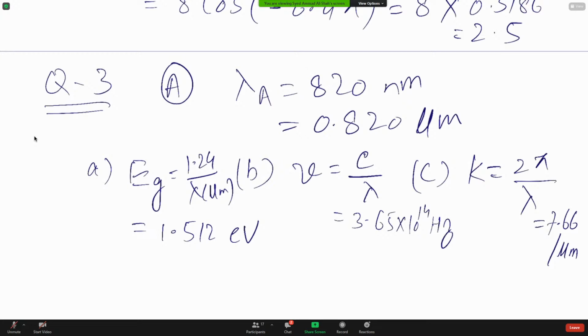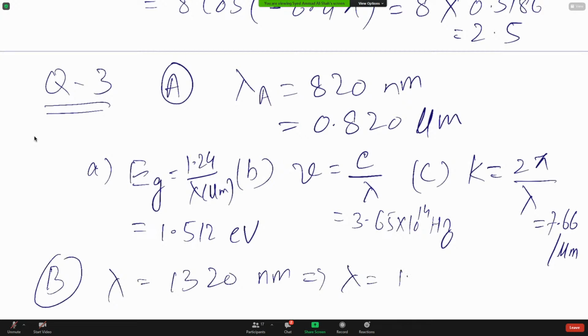So similarly, you can solve it for all the frequencies. Here, part B is about lambda equal to 1320 nanometers, which means lambda is equal to 1.320 micrometers, and then you can solve it.